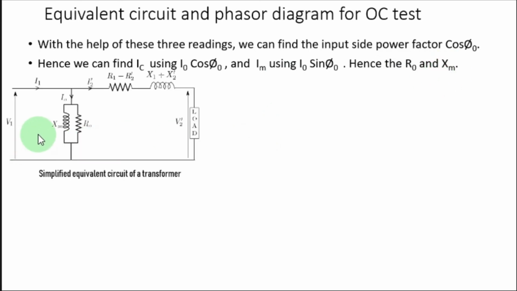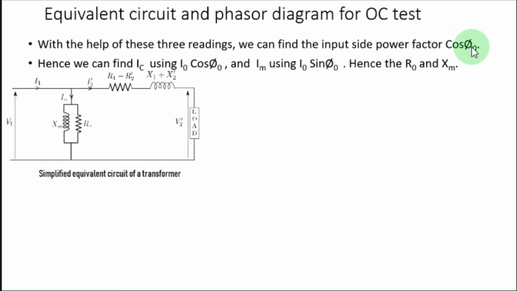It's like this. You are measuring this I naught because this side is now open. There is no current going through this side in the equivalent circuit, because we have no load connected. So the current drawn by the transformer is basically I naught. So you know I naught, and also you know the voltage, and the power taken, that is V I cos phi, is also known. So V I known, V I cos phi known, therefore you can find cos phi naught.